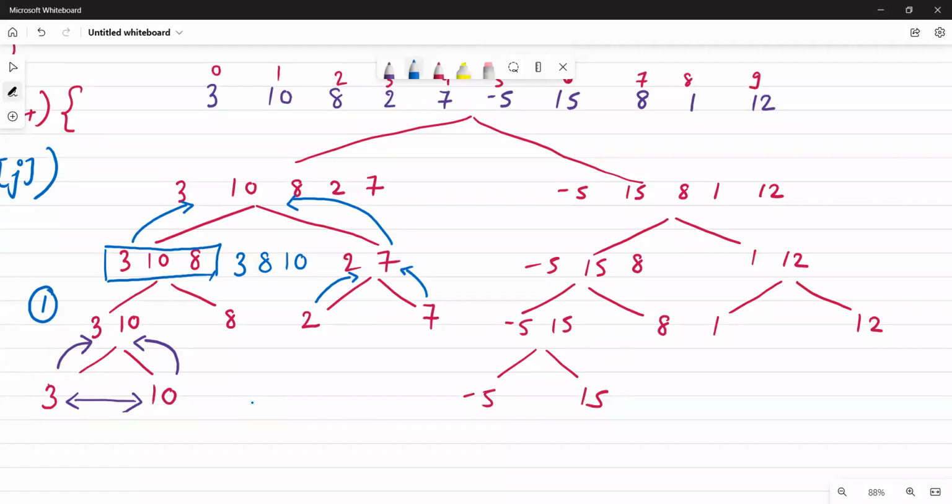Yes. 3 and 7 pairing possible? No. 10 and 2 pairing possible? Yes. 10 and 7? Yes. 8 and 2? Yes. 8 and 7? Yes. Total number of pairs that we got here is 5. Clear?